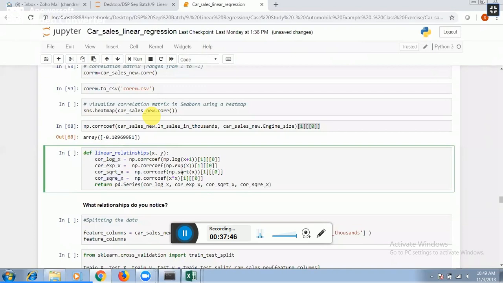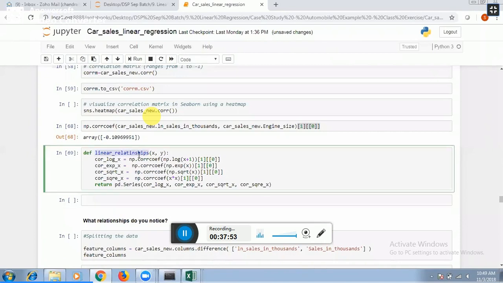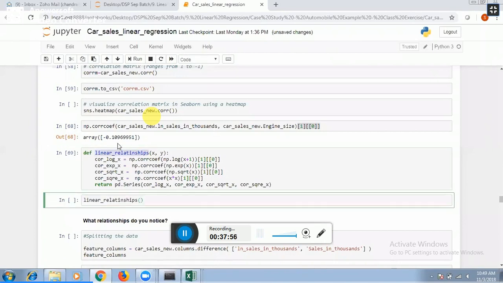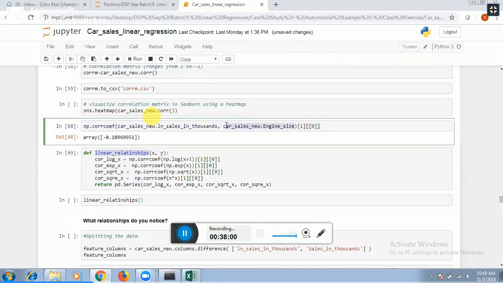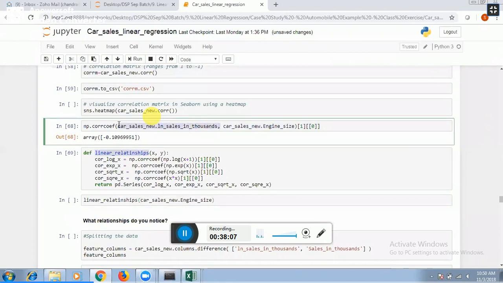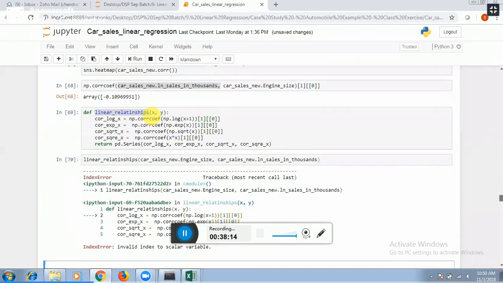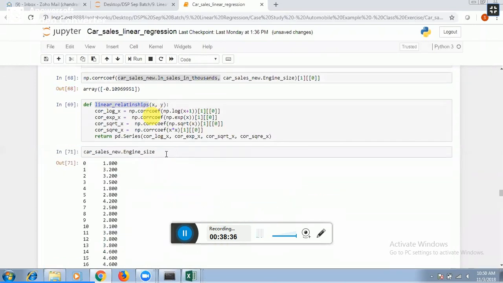Okay, so if you want to apply this on your y variable, now what you can do is, okay, the linear relationships I need to look at are between sales in 1000, which is your x variable, this is my x, and this is my y, correct? What happened? Invalid scalar variable.